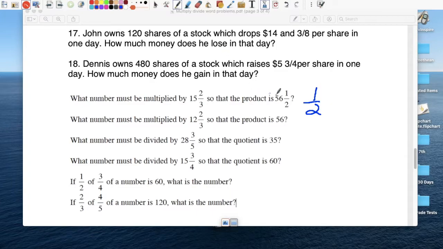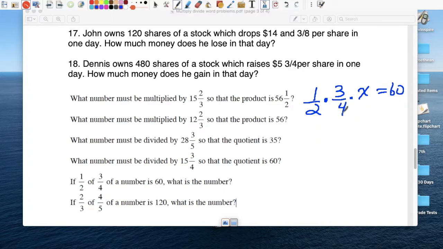So half of 3/4, 3/4 of a number. The word "of" translates to multiplication, so half of means multiply. 3/4 of, again, a number that I don't know, let's call it x, equals 60. So that's what your little equation looks like.